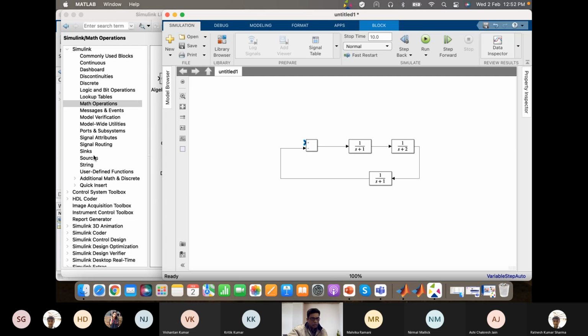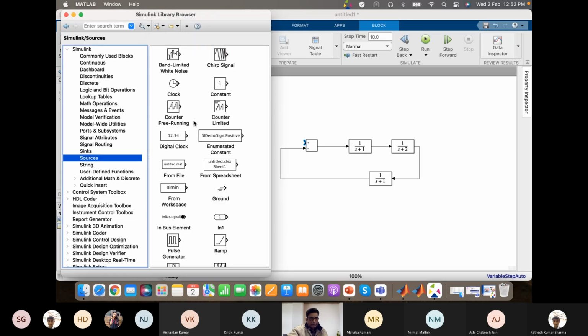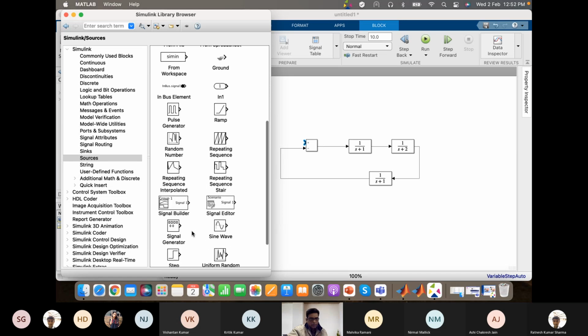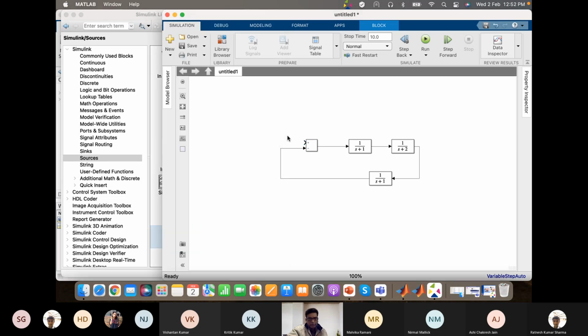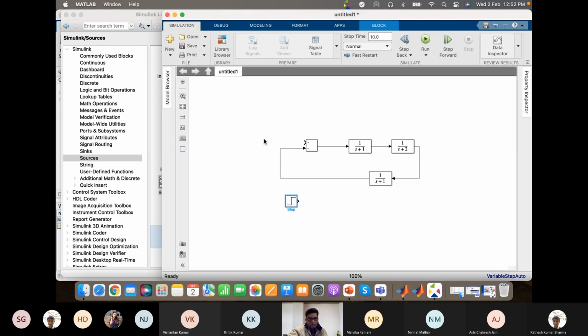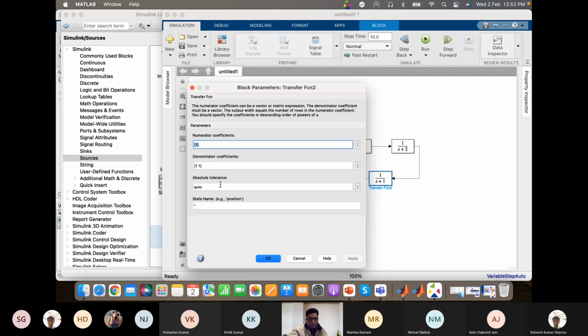So I can go to a source, and then pick up a step change and bring it here. And that would be my step change there, and I can make this a 3 maybe.